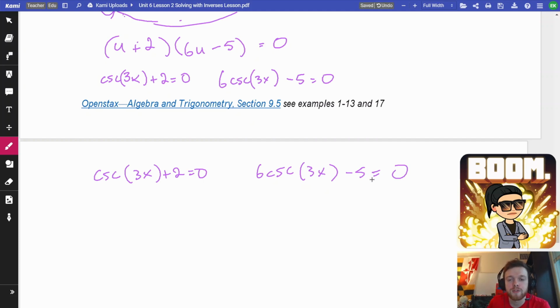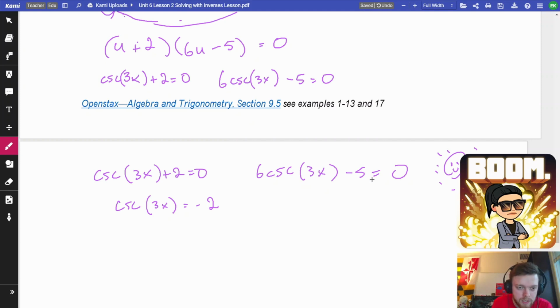I am super happy. Here's why. Left-hand side, let's deal with it real quick. Cosecant 3x. I'm super happy about this side. It's like a little purple sun. Equals -2. Now there's two options here. We can think about where cosecant is -2 on the unit circle.